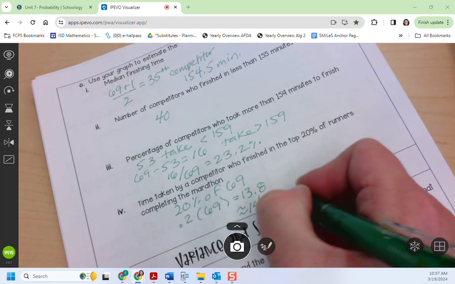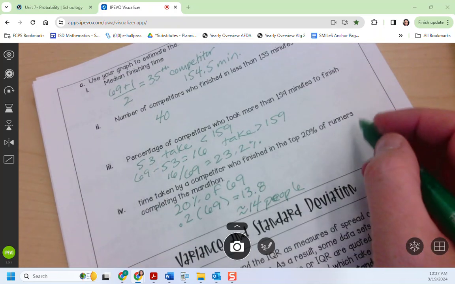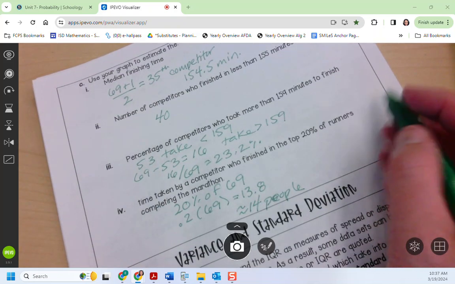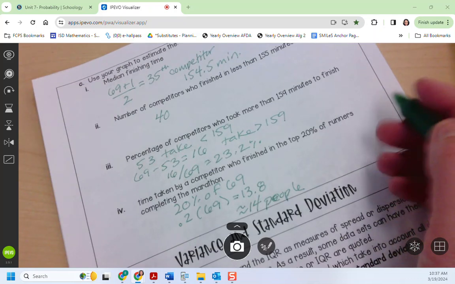If you're rounding into the people, wouldn't you round down? You can argue that with me if you want. I'm going to round up today. So 14 people were in the top 20%. And so that means that how many people were less than them? Let's see, 69 minus 14 is 55.